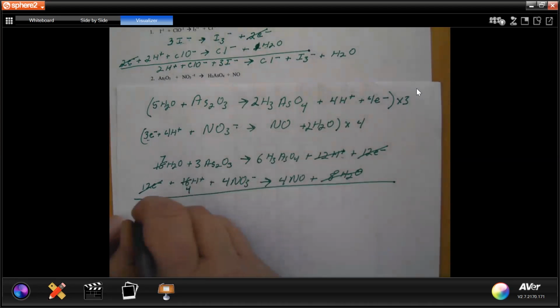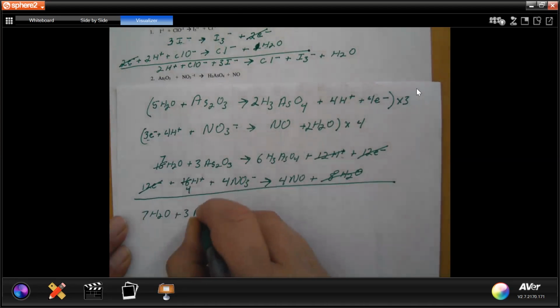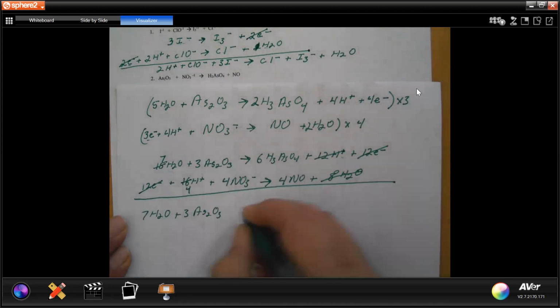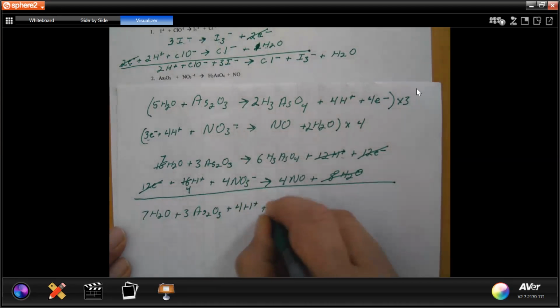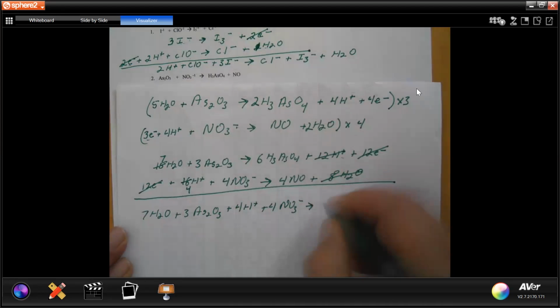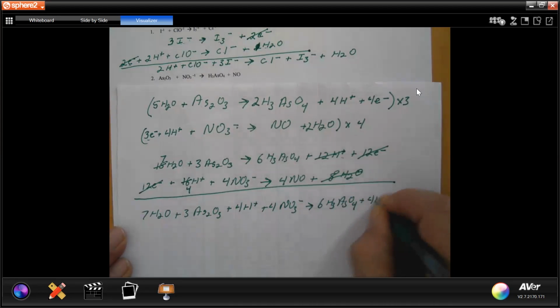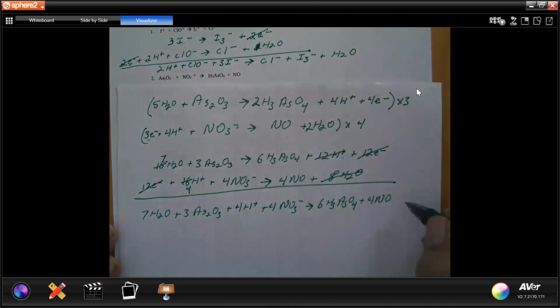And I end up with 7 waters plus 3 As2O3s plus 4 H pluses plus 4 NO3 minuses yields 6 H3AsO4 plus 4 NO, and that's it. All right, now you should check and make sure that this is balanced for both charge and atoms.